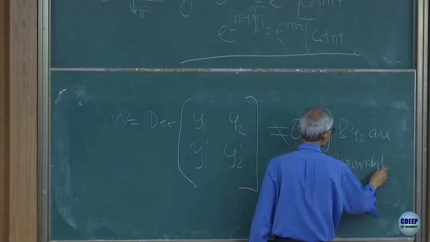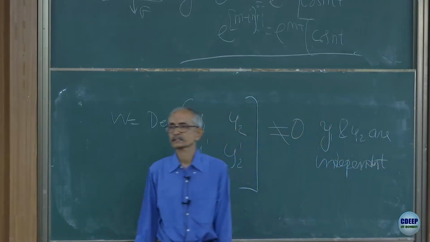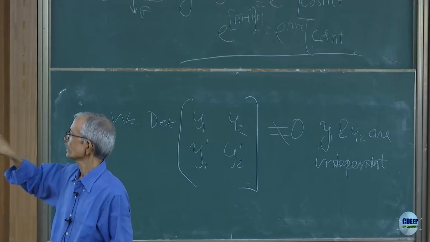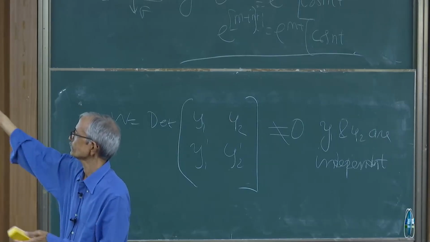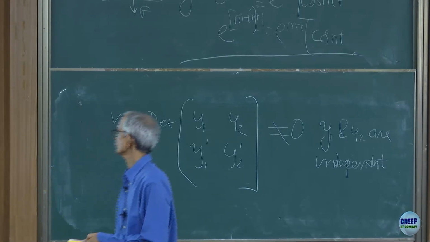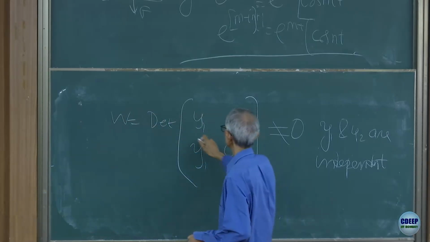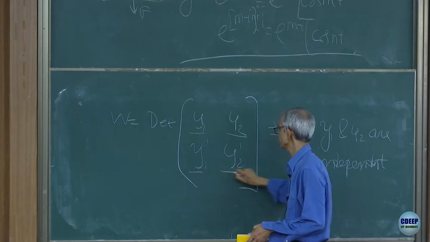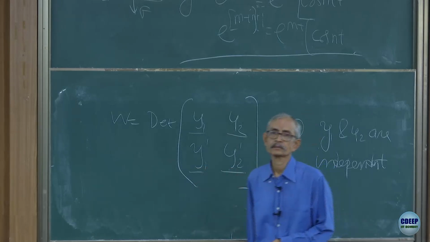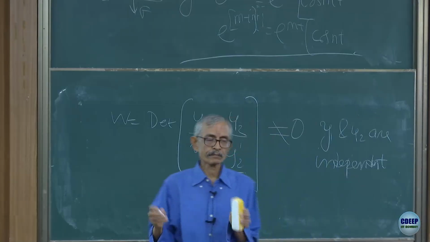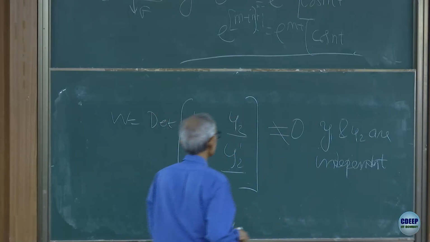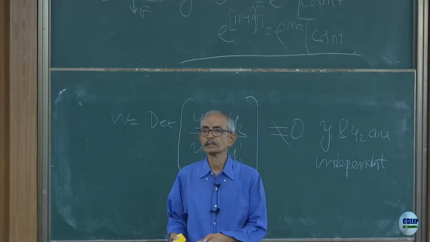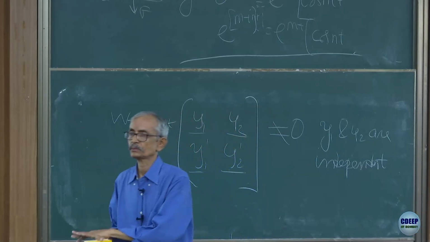We are not proving this, we are just taking this. Okay. So you take the Wronskian, and if there are 3 functions, then you can take the 3. At the moment we have only 2. You have got a y1, you have got a y2, y1 prime and y2 prime. Okay. So if you are finding that this is not equal to 0, then y1 and y2 are independent solutions to the situation.